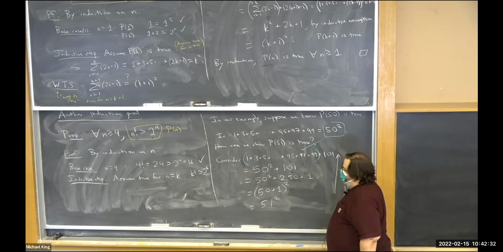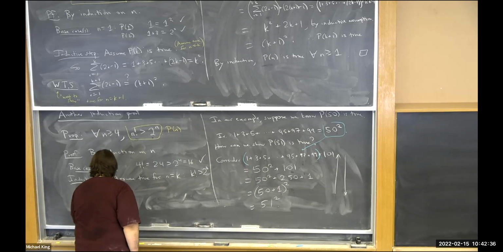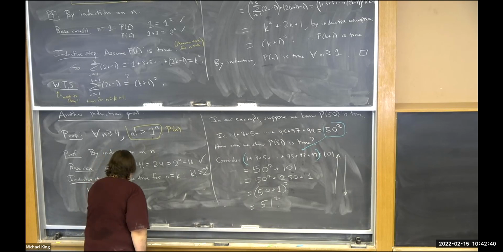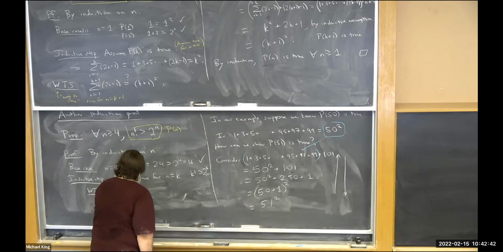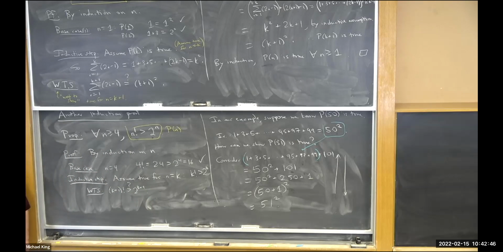We want to show that k plus 1 factorial is greater than 2 to the k plus 1, right? All right, so how can we do this? How can we start to bring in the inductive assumption?